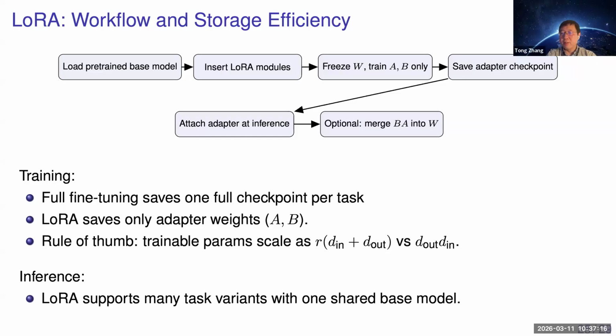Inference can support multiple variations with a shared base model, so you have multiple variants of your base model at a very small storage cost. This is something to keep in mind, and it will be very useful.